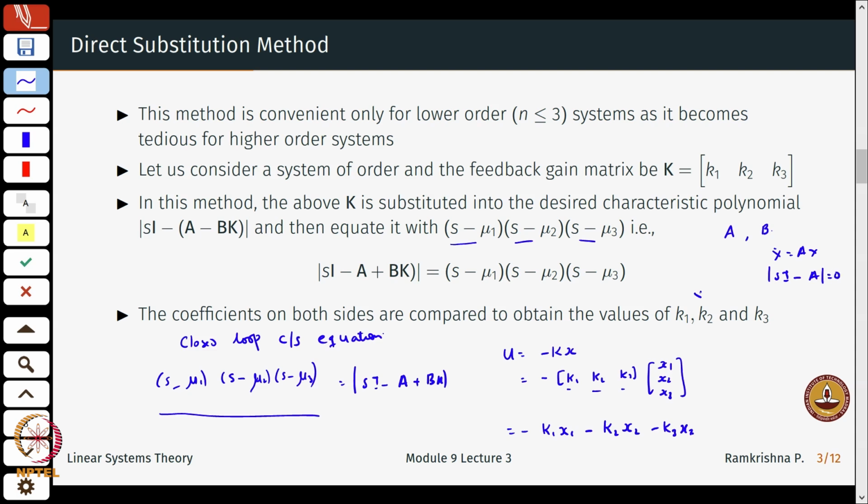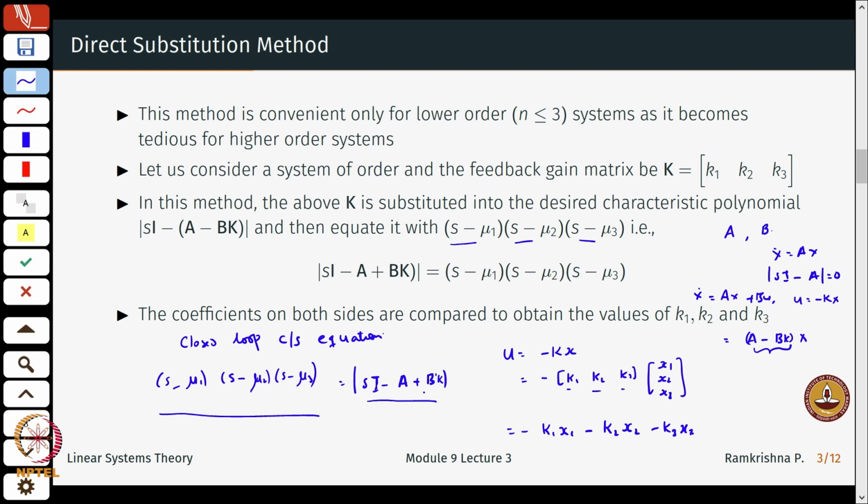Now, if I have an input to the system, x dot is Ax plus Bu with u of the form minus Kx, then my closed loop system takes the form (A minus BK)x, and the poles correspond to the characteristic equation of the matrix A minus BK. Therefore, the closed loop characteristic equation is of the form determinant of sI minus A plus BK, and all the unknowns are now in this matrix K.